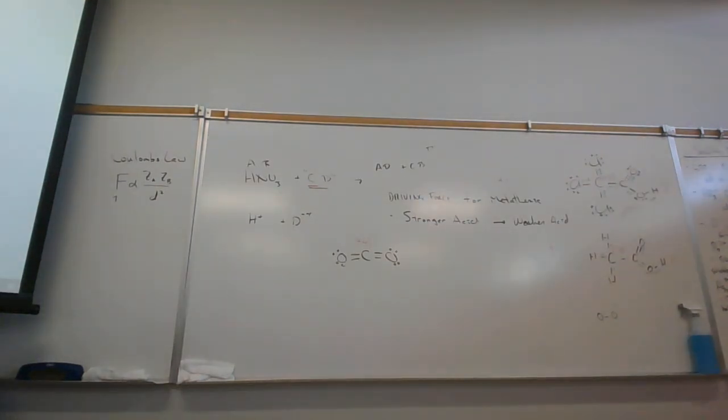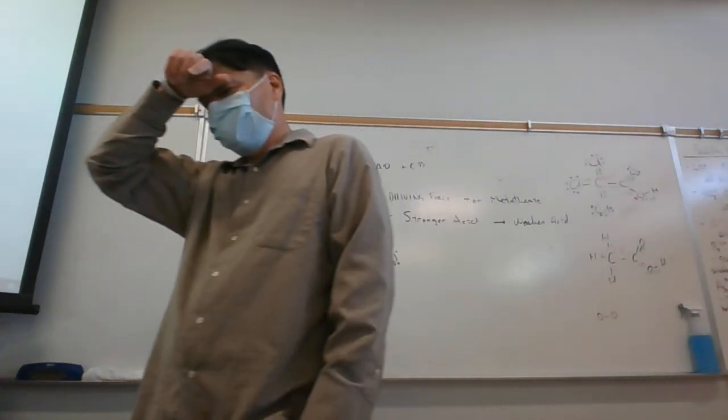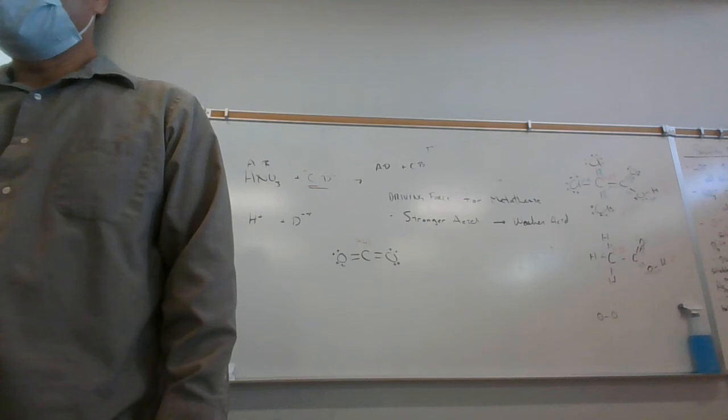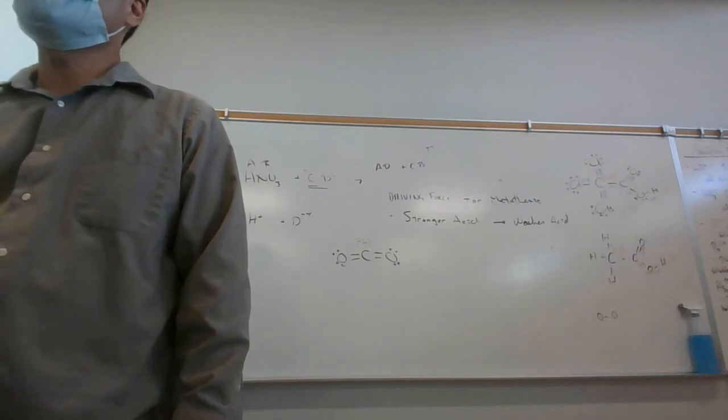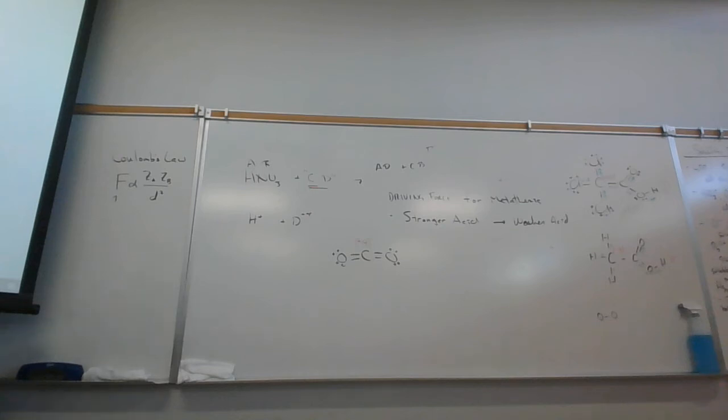Let me give you an example of this. If you go to the grocery store, you can buy this stuff. Have you ever heard of milk of magnesia? What is milk of magnesia made out of? Let's see on Wikipedia or something.